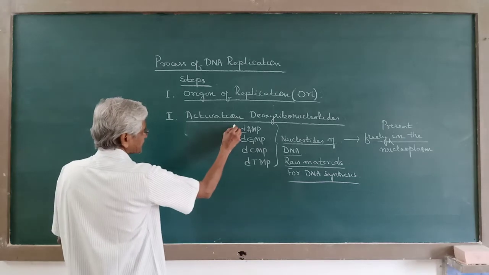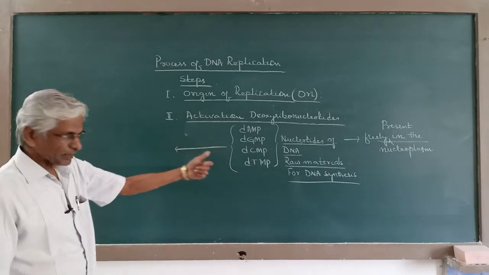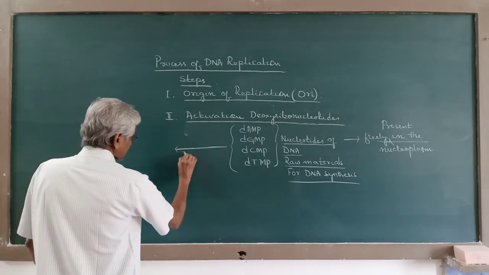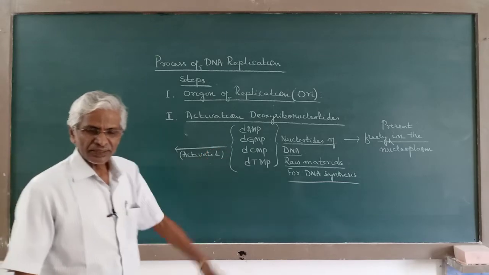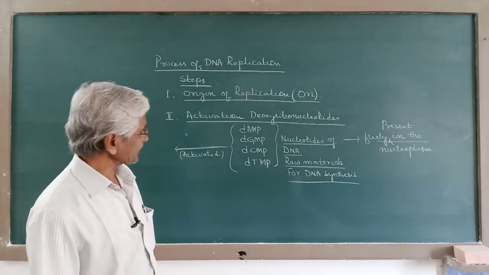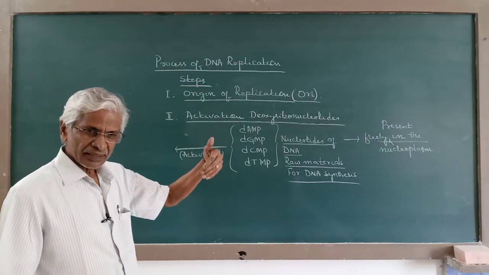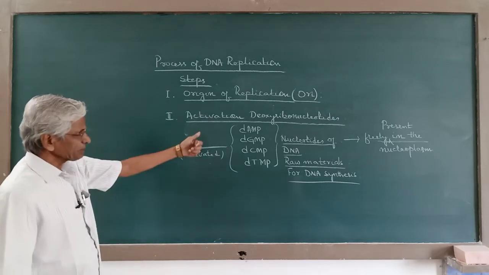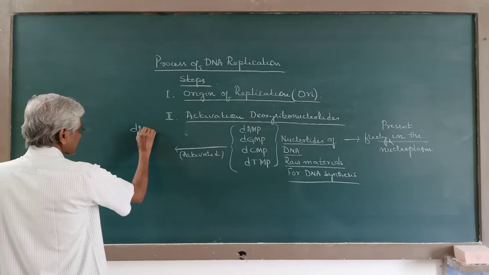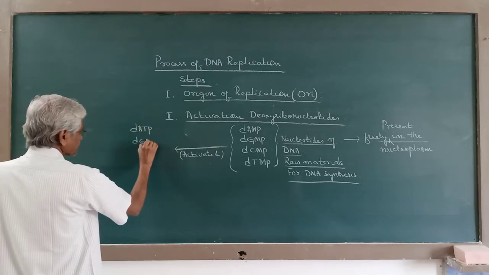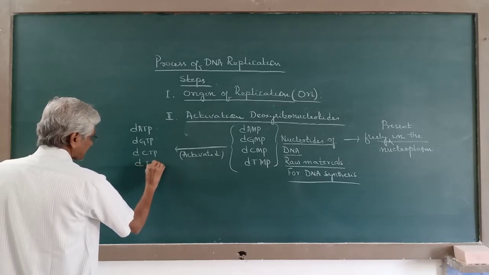Now when these nucleotides of DNA are activated in the presence of ATP, they become the corresponding triphosphates: deoxyadenosine triphosphate, deoxyguanosine triphosphate, deoxycytidine triphosphate, and deoxythymidine triphosphate.